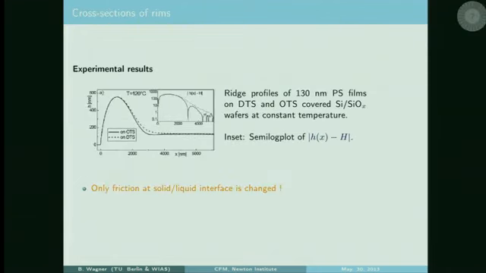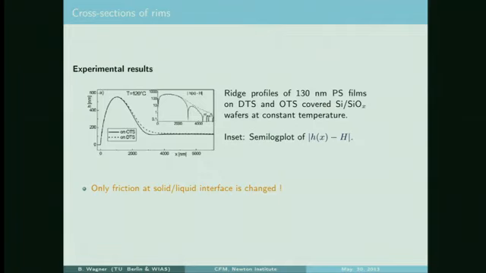This was one of the first observations they made in the experiments. This is a cross section of a rim where you coat it with OTS and with DTS, and again, change nothing else.